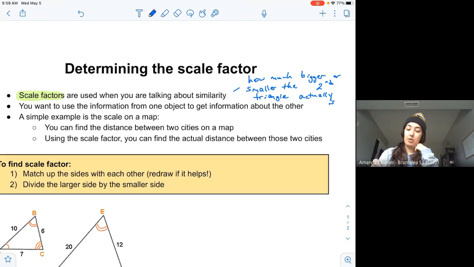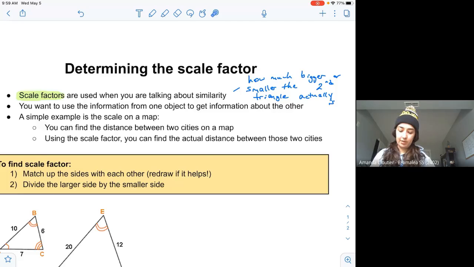We could use a ruler to find the distance between 2 cities on a map, but then we would multiply using our scale factor to determine the actual distance between those 2 cities. So that is how the scale factor can be of use to us, because it allows us to take something really small and multiply it to determine a much bigger or much smaller thing, depending on what we are looking at.